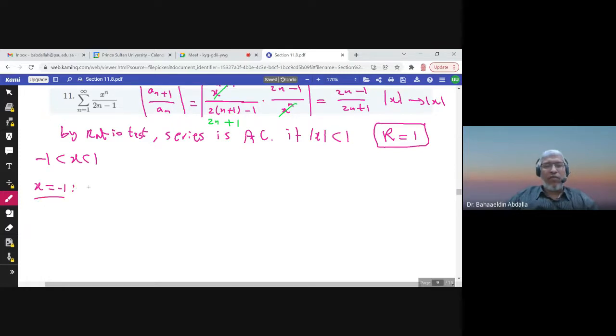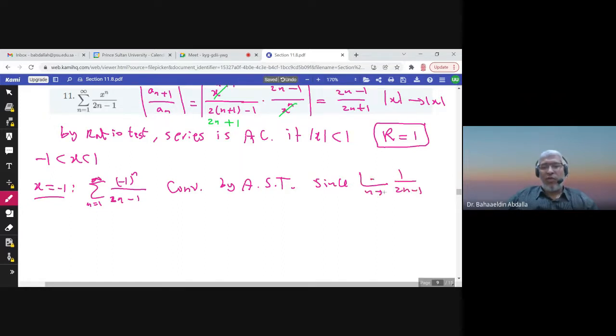If x is -1, I'll have -1 to the power n over 2n minus 1. And this is convergent by alternating series test. Since the limit of 1 over 2n minus 1 when n goes to infinity is 1 over infinity, that's 0.